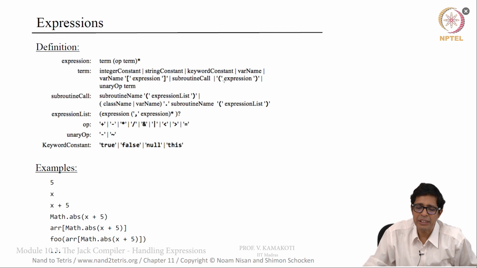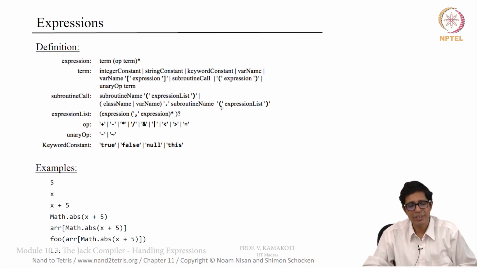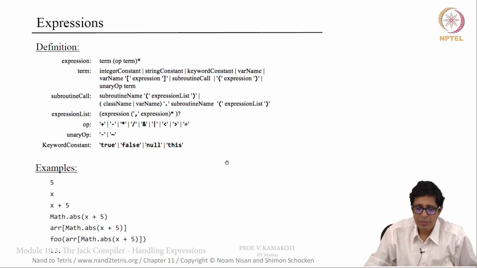It can be a subroutine call, and a subroutine call will be just a subroutine name with an expression list, or a class name dot something, or a var name dot something. Just a subroutine name with an expression means it belongs to the same class, otherwise it belongs to some other class.